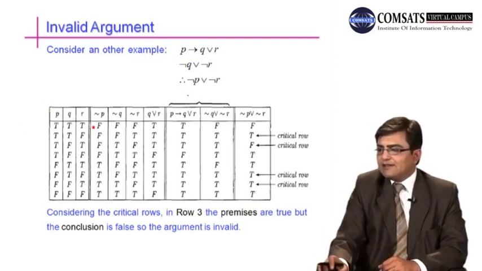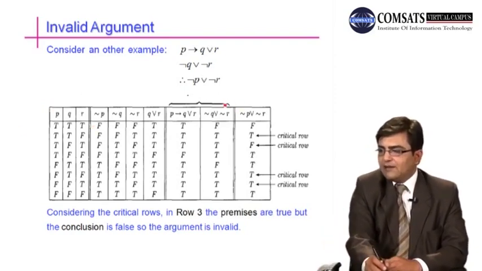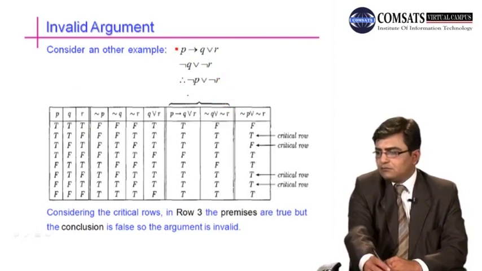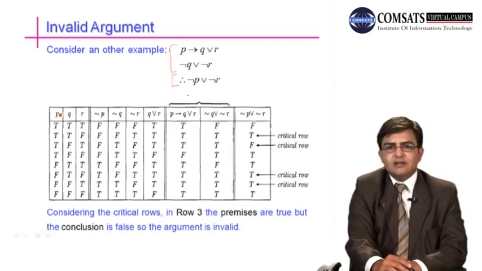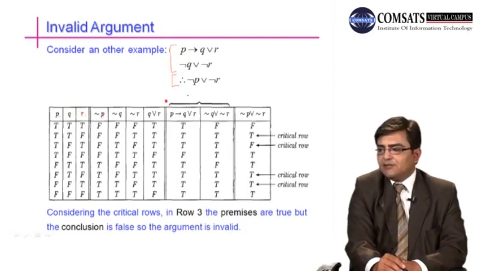For example, consider an example. Again, here we have two premises and a conclusion. So we construct the truth table for the premises and conclusion. As we have three propositional variables p, q, r, we constructed not p as we need it in the second and third statements, compound statements.